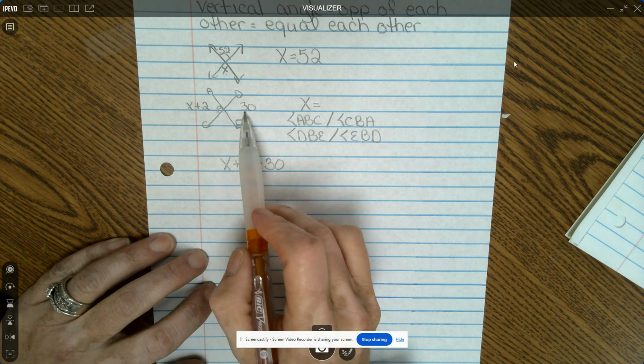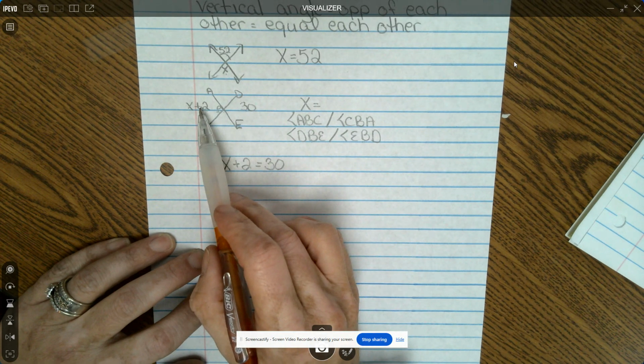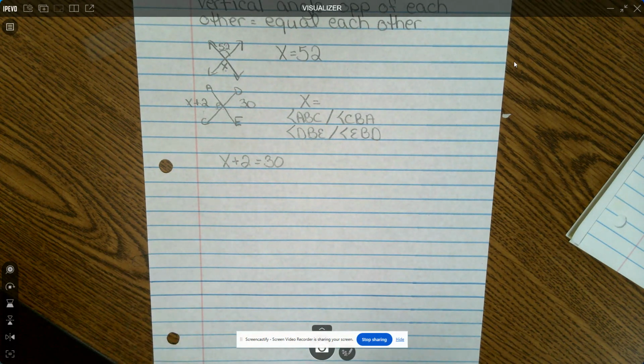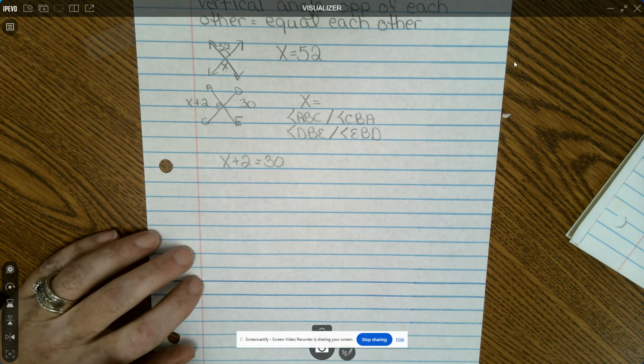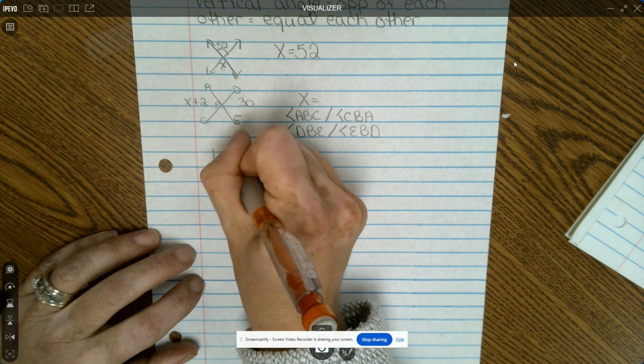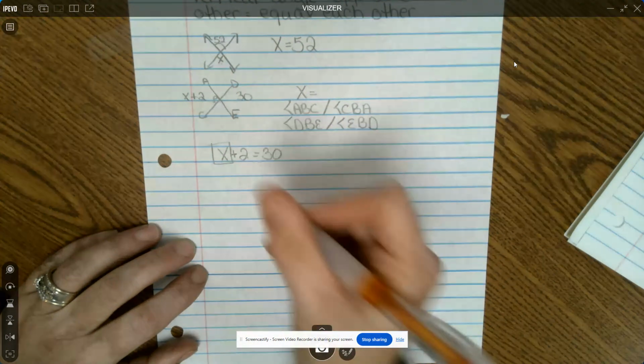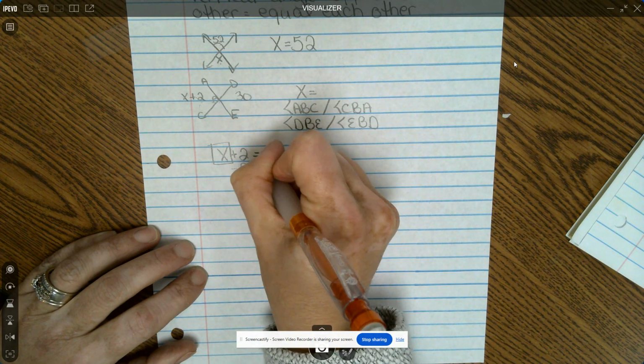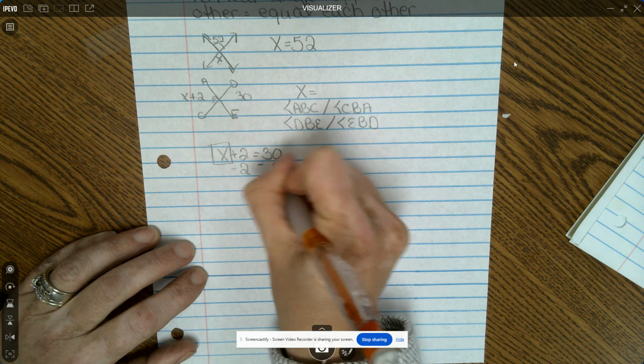We're not adding it together, we're just saying, since this is vertical, we're making it equal to each other. From here, what do I do? Square off my variable, and then I got plus 2, so opposite operations. So what does x equal?